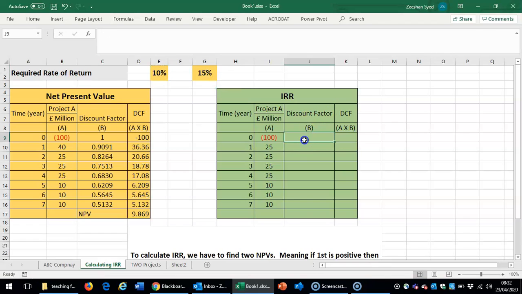Now this is going to be 1 is equal to 1 plus, sorry, raised to power minus 1, this, and this is going to be this, and then we can simply multiply this by this, and then we just draw this down.